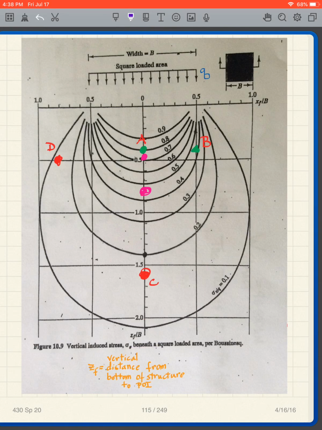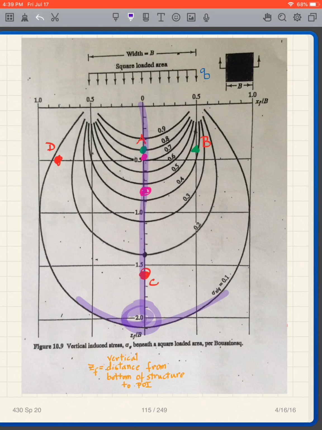We're going to say that soil down this deep is not going to feel the structure. And if we look at this, my 0.1 contour is approximately at a depth of 2B. There's my 2.